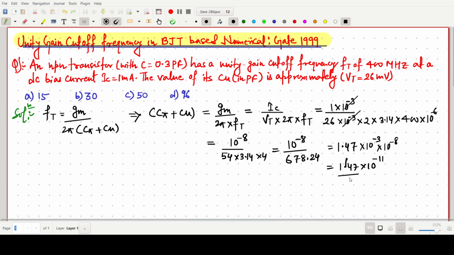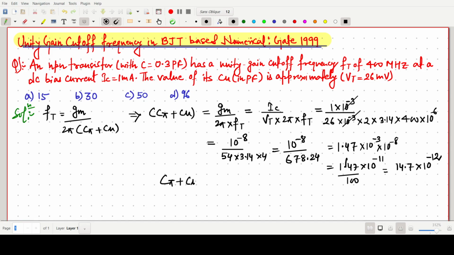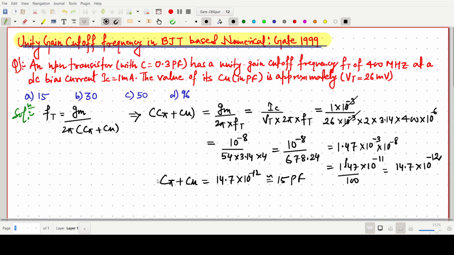If we remove this decimal, one can write 14.7 into 10 to the power minus 12. So the value of C pi plus C mu is 14.7 into 10 to the power minus 12, or approximately 15 picofarad.